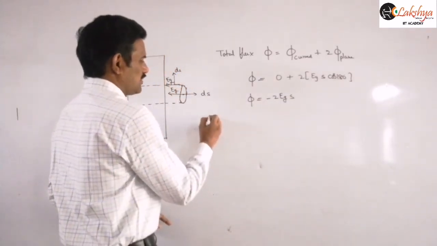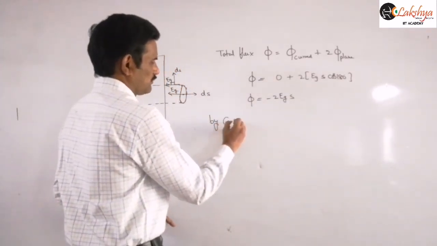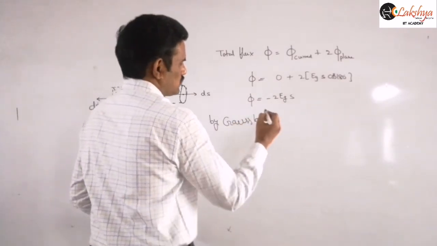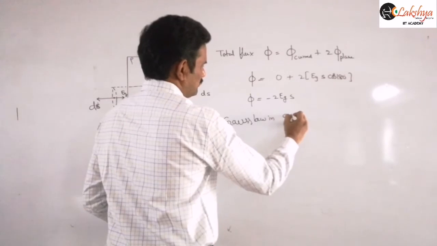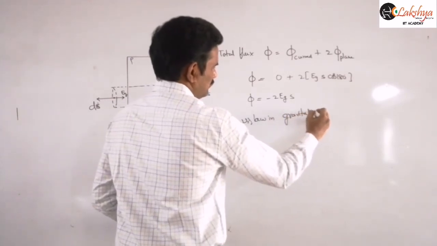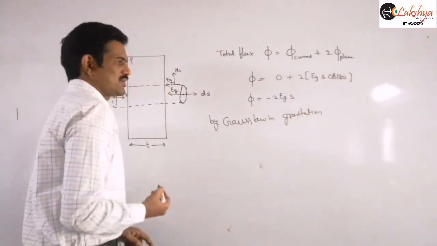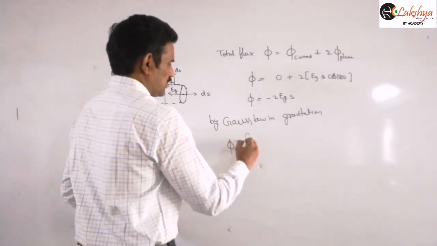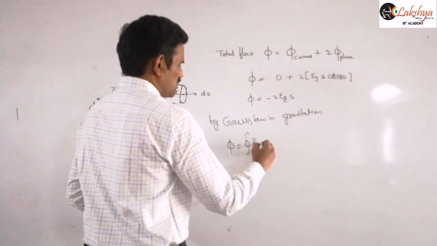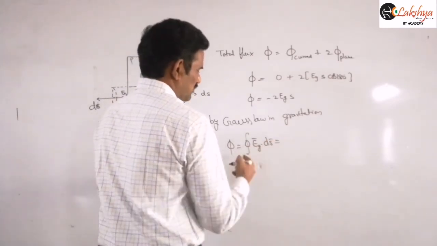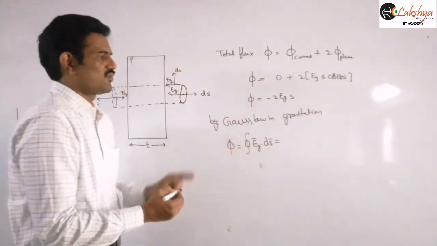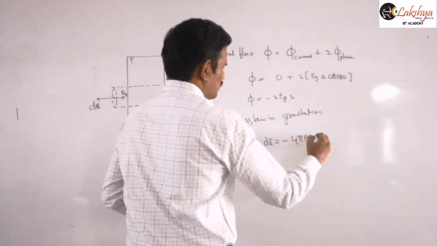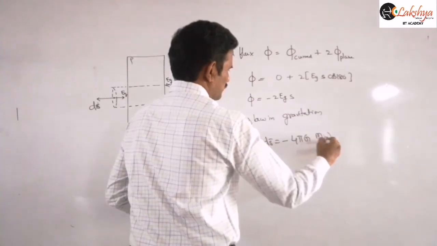Now Gauss law in gravitation. Gauss law in gravitation can be expressed as the integral of Eg bar dot dS bar, which is the total flux we already calculated, equal to minus 4 pi G into the mass enclosed.